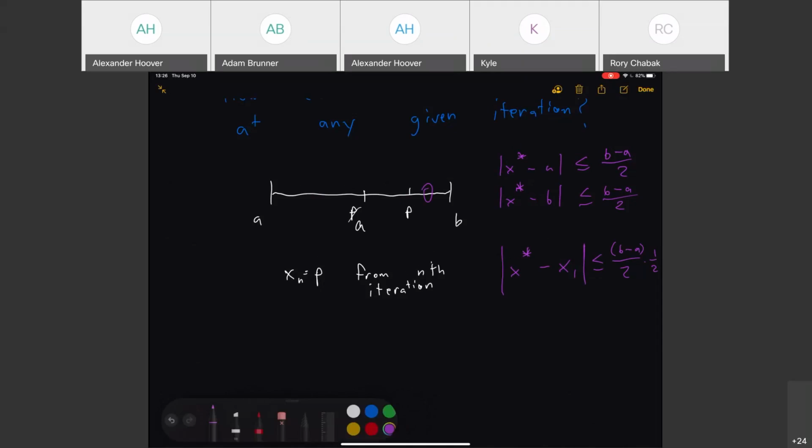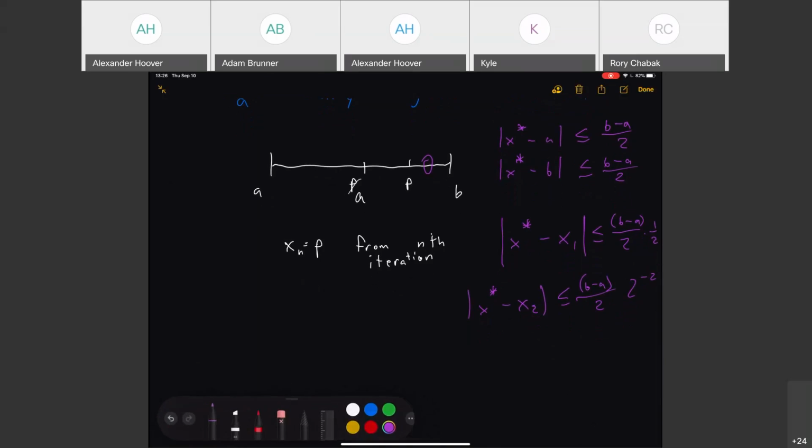Then at most it's going to be about half as well, or half of the previous interval length. So I'm just going to say 2 to the negative 2. Okay.